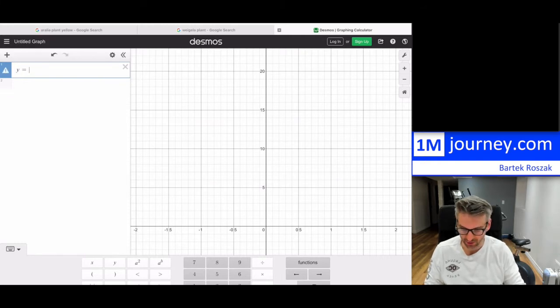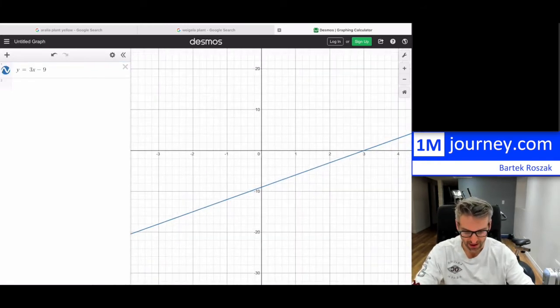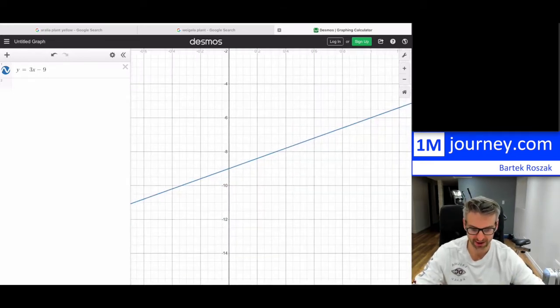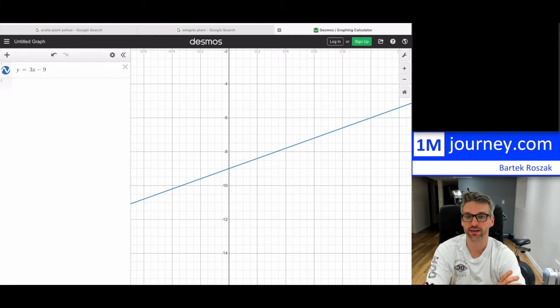So y is equal to 3x minus 9. This shouldn't surprise us in any way, it's basically just a line. The y-intercept is negative 9, so it goes through negative 9 right there as I zoom in. The slope is 3, so it has a positive slope. It goes up.